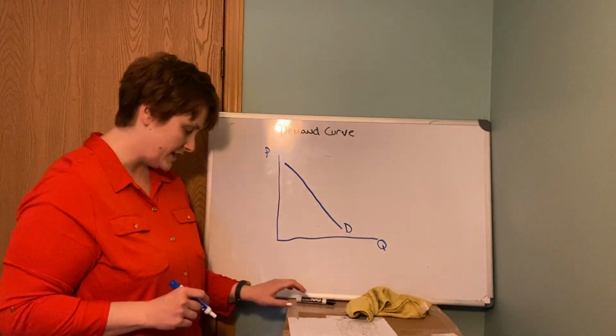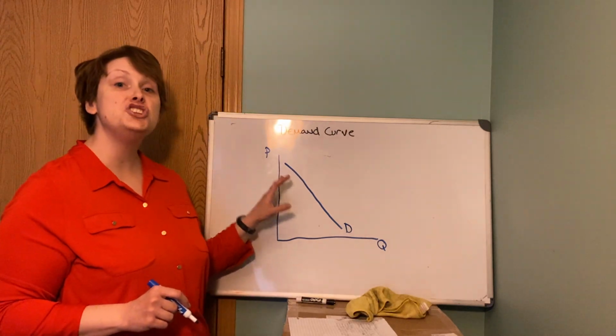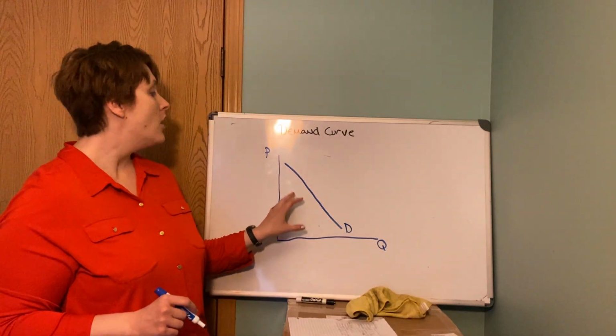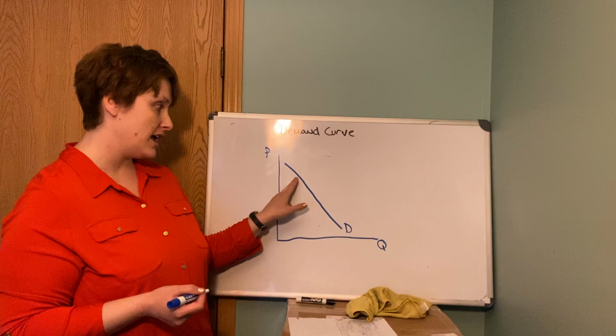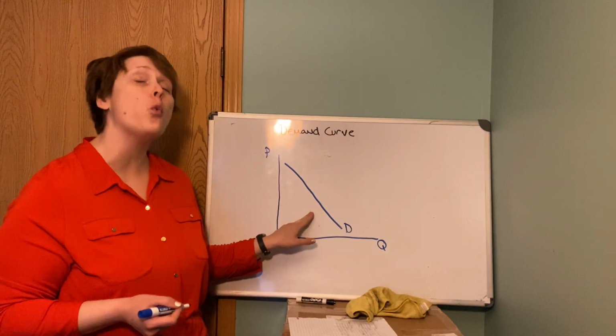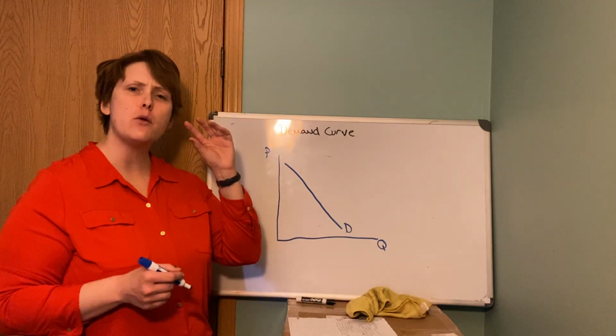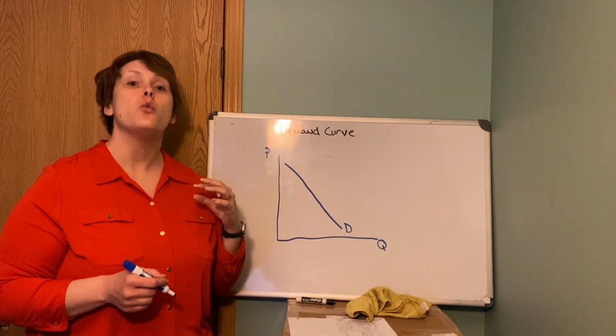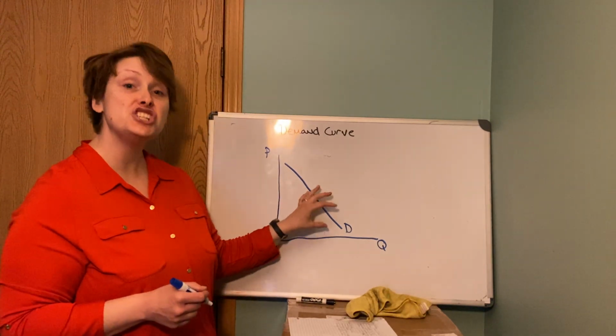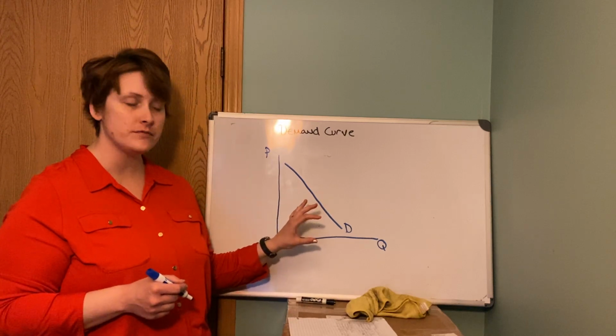So what happens here? Anytime we just change price or just change quantity, we have a change in quantity demanded. But when we don't hear that word quantity in there, we can actually end up shifting this entire curve.